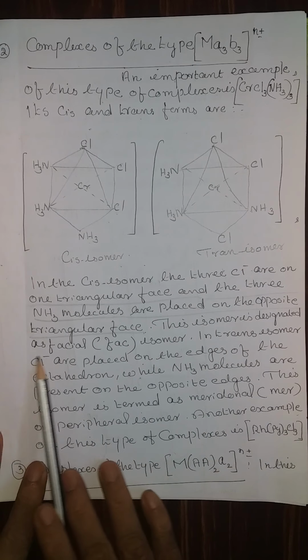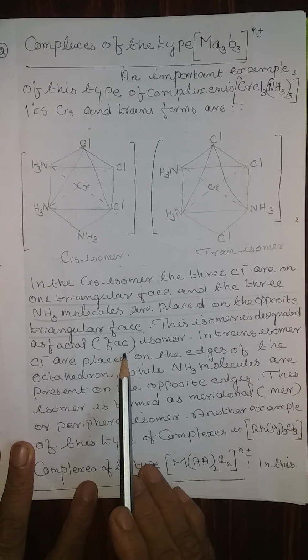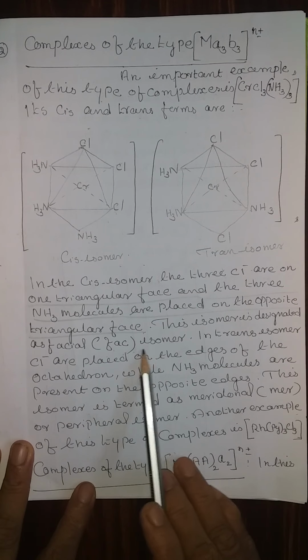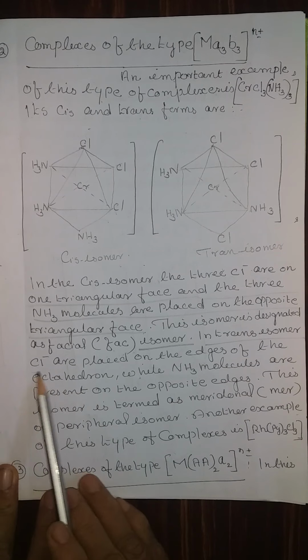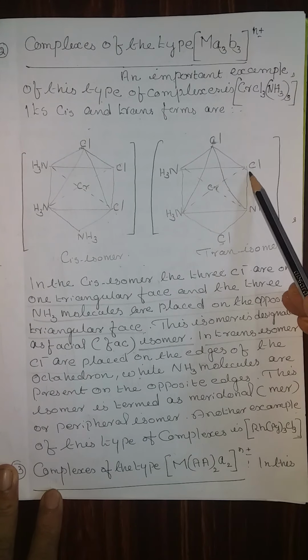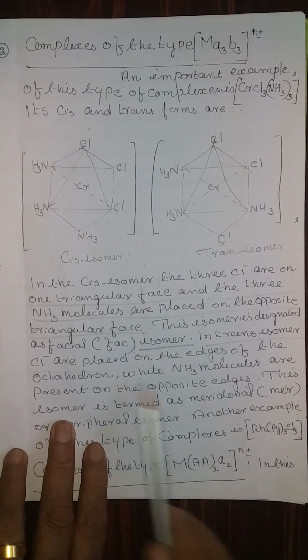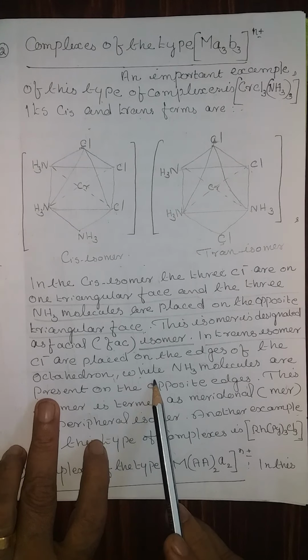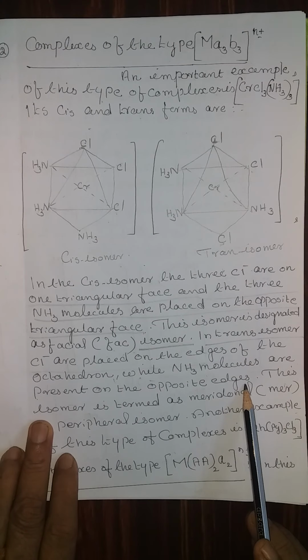This isomer is designated as facial, that is, small letters fac, isomer. Fill in the blank question. In the trans isomer, the Cl are placed on the edges, on the opposite side, and this isomer is placed on the edges of the octahedron while NH3 molecules are present on the opposite edges.